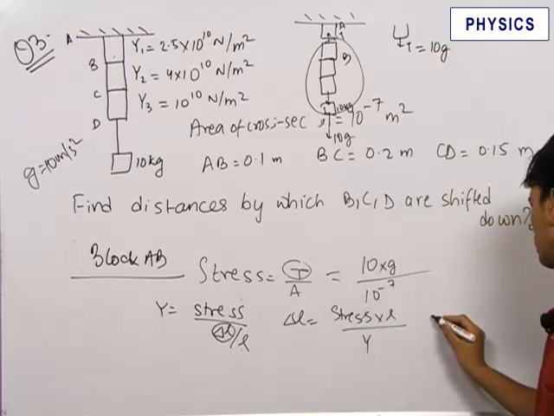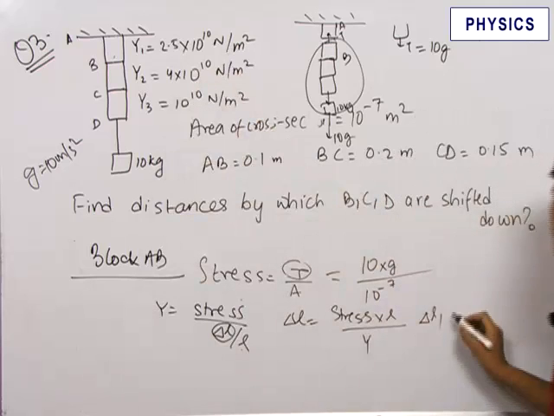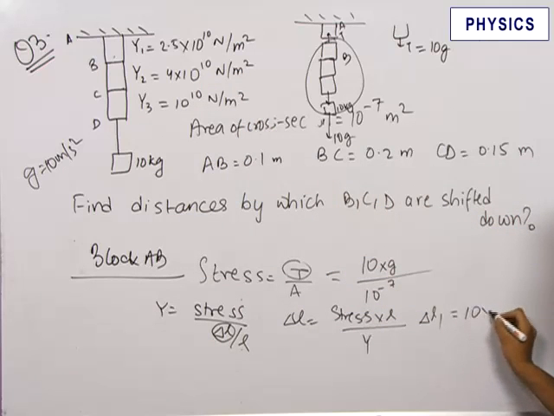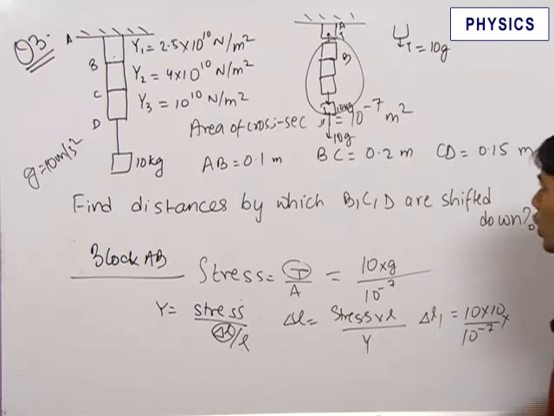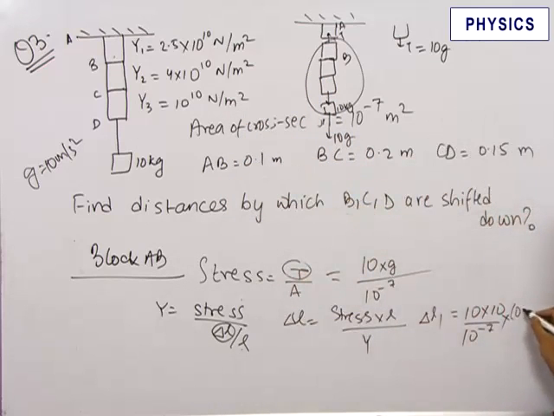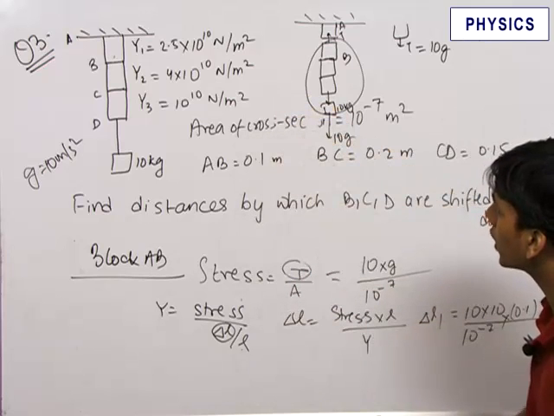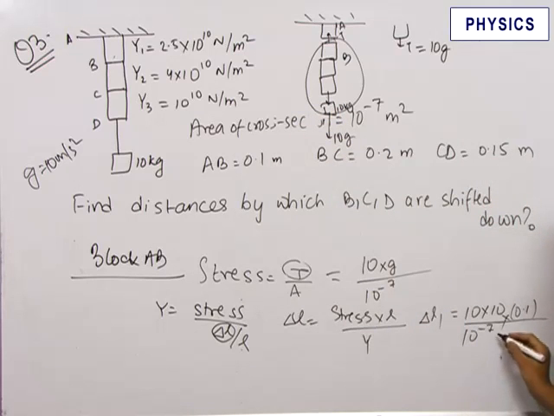So on putting the values, we get delta L1, that is the change in length of the first block. This comes out to be 10 into 10 upon 10 raised to minus 7, into L, the original length of the block AB, that was 0.1 meters, upon the Young's modulus of the material of the block AB, that is 2.5 into 10 raised to 10.